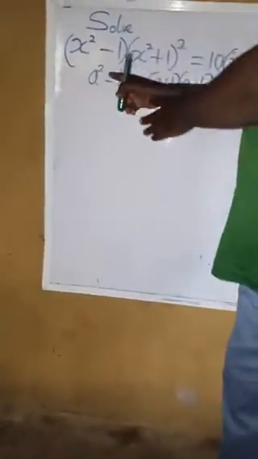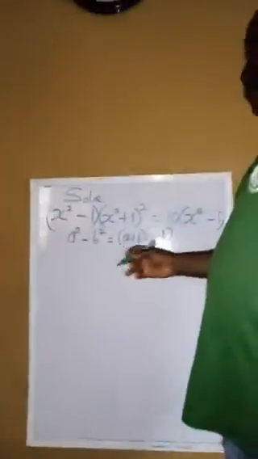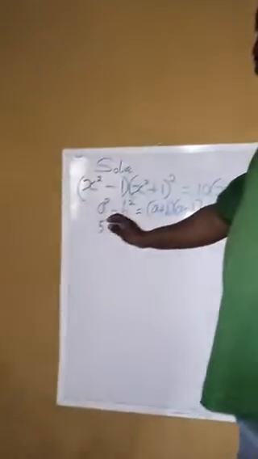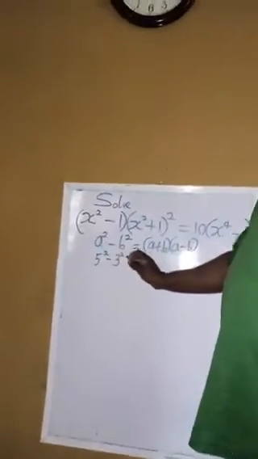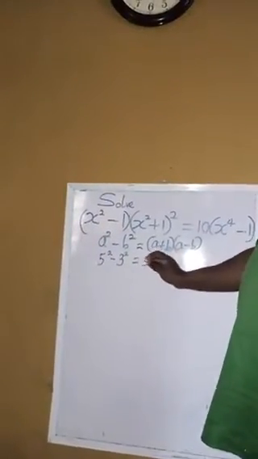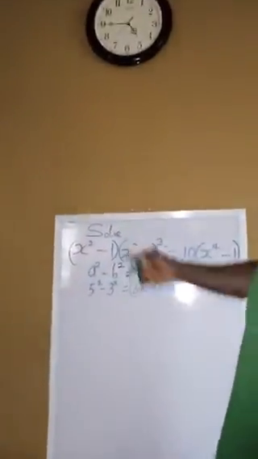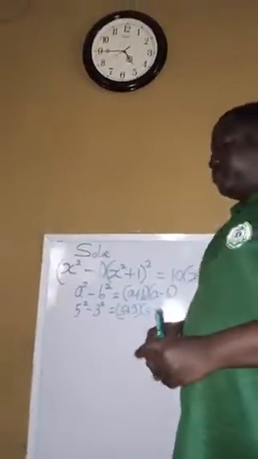So this is how to simplify the difference of two squares. For instance, if I have 5 squared minus 3 squared, it is the same thing as 5 plus 3 times 5 minus 3. So now back to the question.